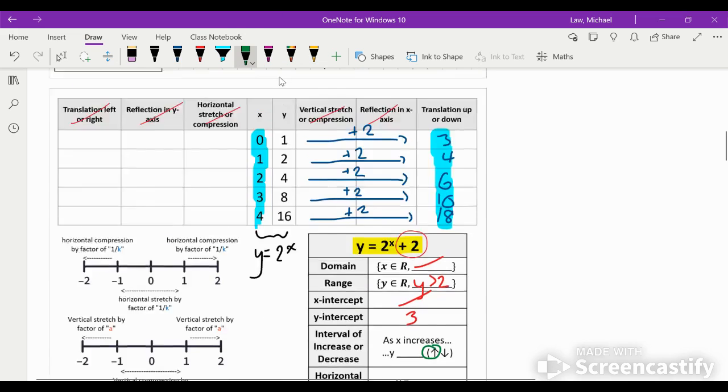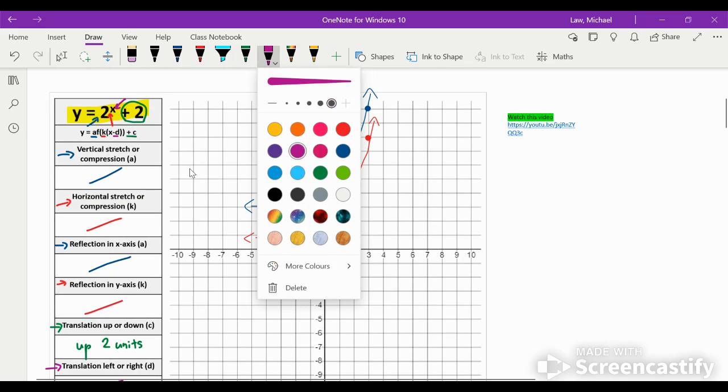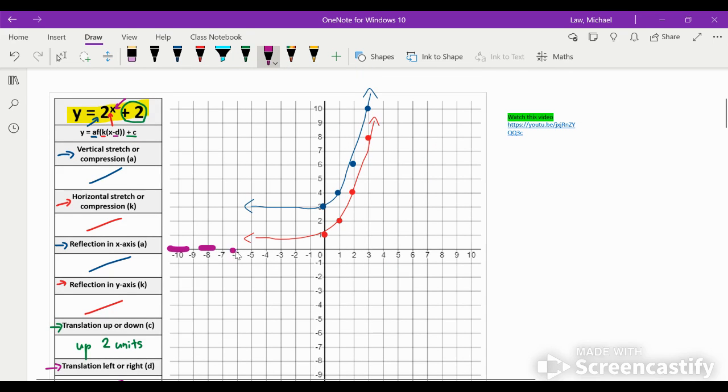All right. So last, let's talk about the horizontal asymptote. So for the original exponential function, the horizontal asymptote was located right over here. It was a horizontal line with an equation of y equals 0. Now, because our exponential function was translated 2 units upwards, that means the horizontal asymptote is also transformed.